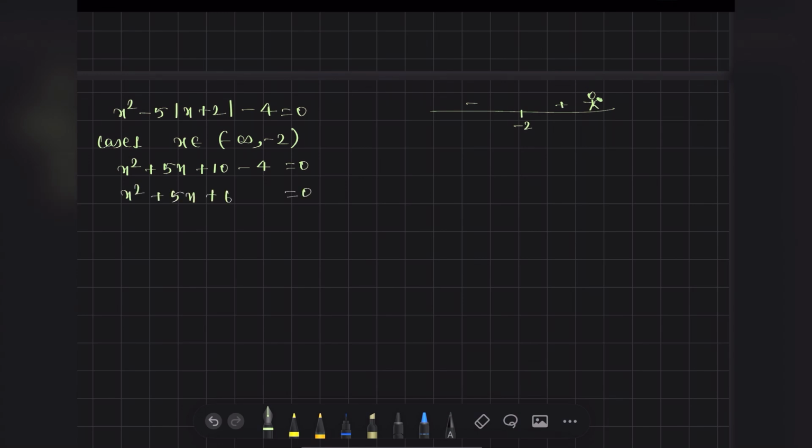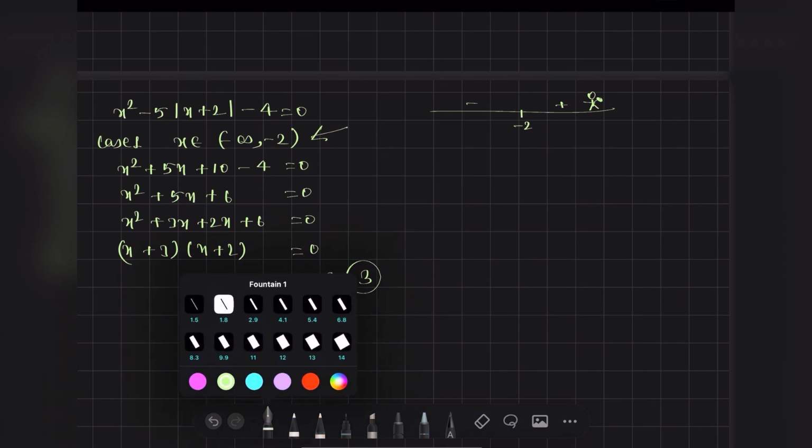Now you can apply splitting the middle term, so x square plus 3x plus 2x plus 6, so it is x plus 3 and x plus 2. So from this part we got zeros as minus 2 and minus 3. Now if you observe the region, first you have excluded minus 2, so you cannot take minus 2 as a zero. In this region you have minus 3, so minus 3 is the zero in this case.